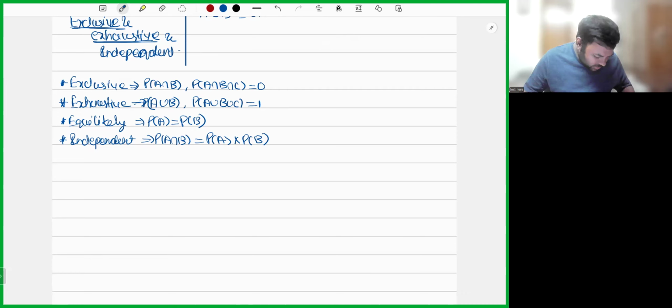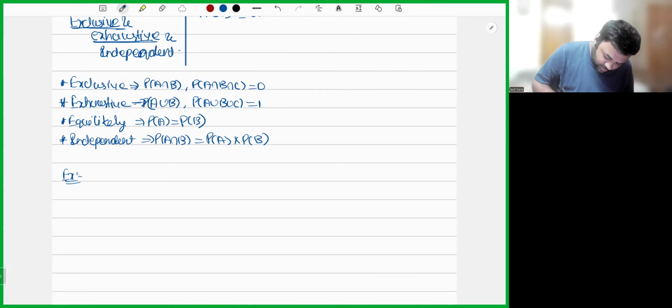Okay. Now see here one small example. P of A but not B is equal to 0.4.